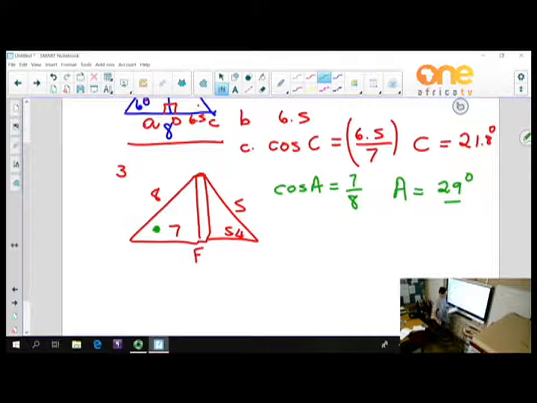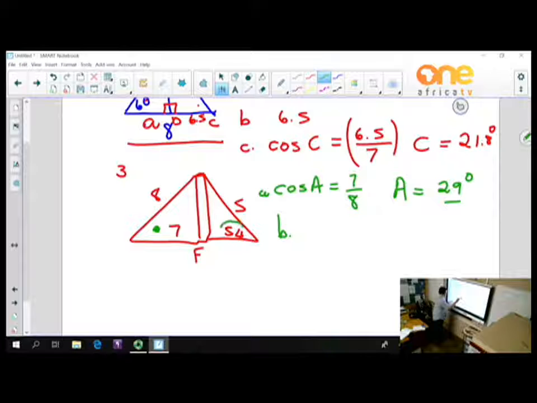Then at number B, they say the length of the wire PQ is 5 meters and the angle 54. This is what we have here. Calculate PG, the height of the pole above the ground. So this is what we want to calculate. Again, which function will we use to get PG?